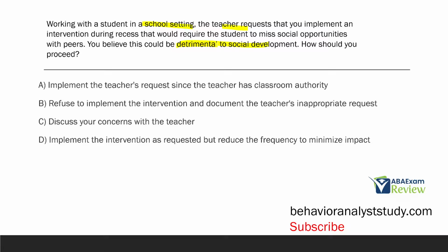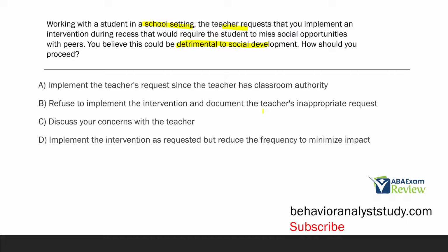A, implement the teacher's request since the teacher has classroom authority. Maybe she does, but if you believe it's detrimental, we need to try to collaborate first. B, refuse to implement the intervention and document the teacher's inappropriate request. Well, we're going too far the other way, right? It is her classroom, and so it's her choice, and she can guide you.